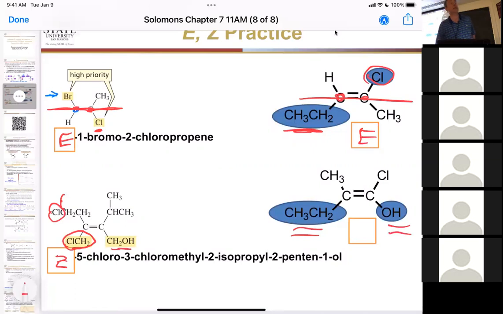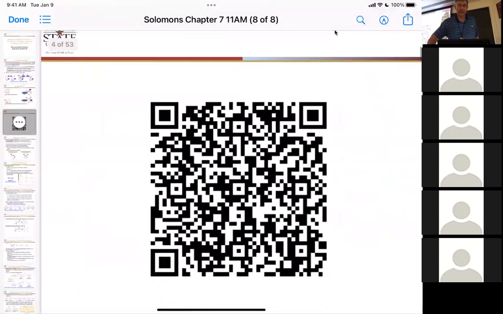Chlorine is higher priority than oxygen. That's not the highest priority group there at all, is it? But this carbon is higher priority than that carbon. So that means they're on opposite sides. So it's E. Okay, do we understand E and Z? Yeah. It's a lot easier than R and S, but it's important. Okay, so we've already done that.